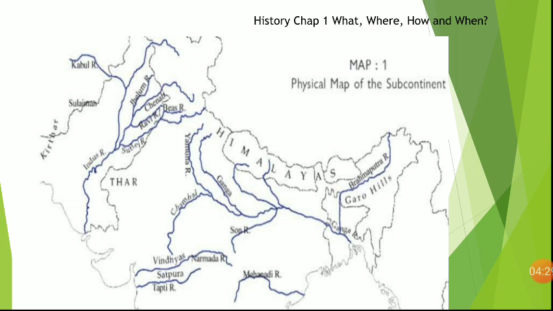Suleiman and the Kirthar Hills in the northwest, in present Pakistan. It is supposed to be the place where wheat and barley were first grown. Then the Garo Hills and the Vindhyas. Vindhyas is the place where rice was grown first.